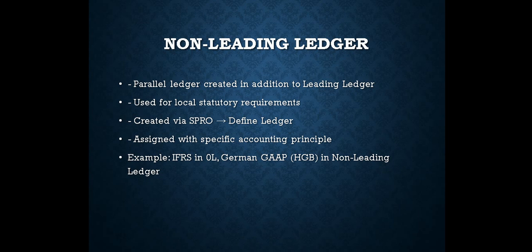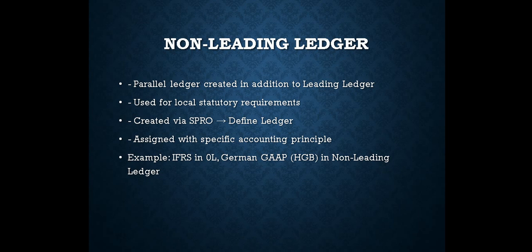The non-leading ledger is a parallel ledger created in addition to the leading ledger, used for local statutory reporting, created via SPRO defined ledgers and assigned specific accounting principles, for which I gave you examples.